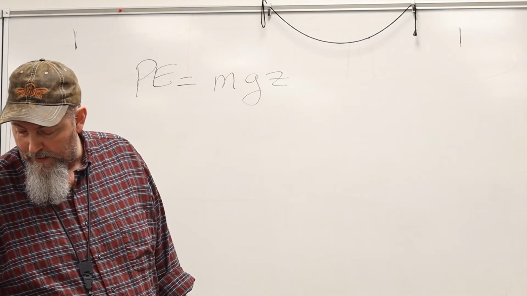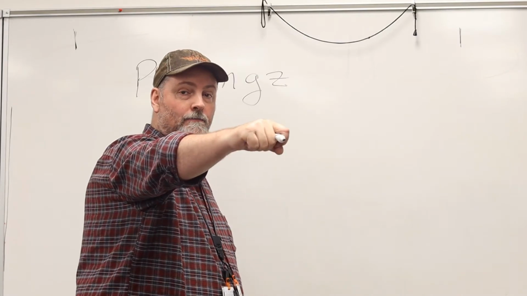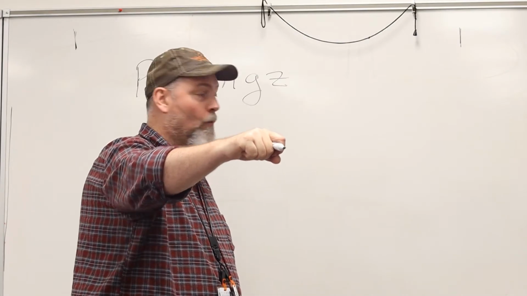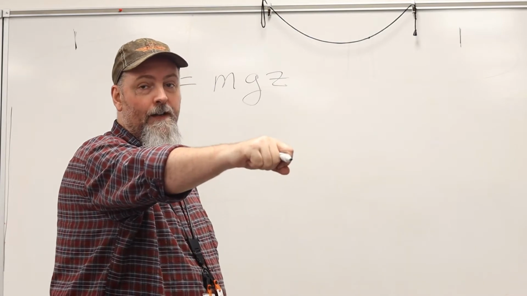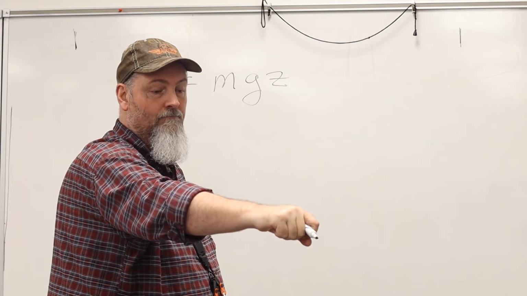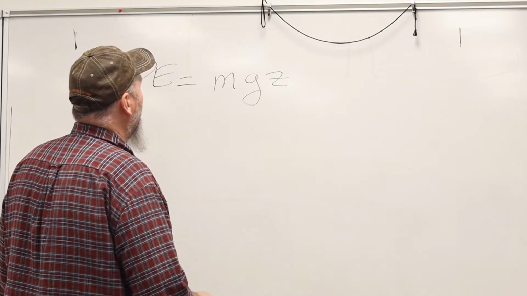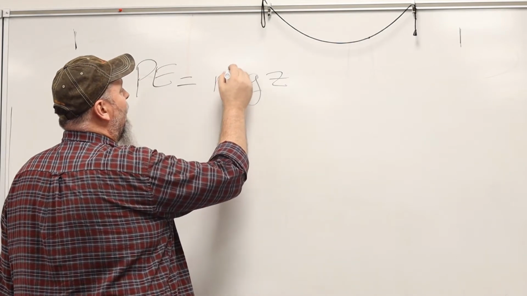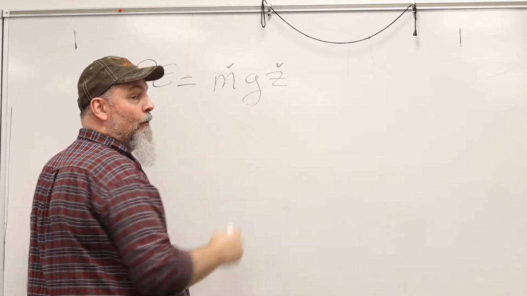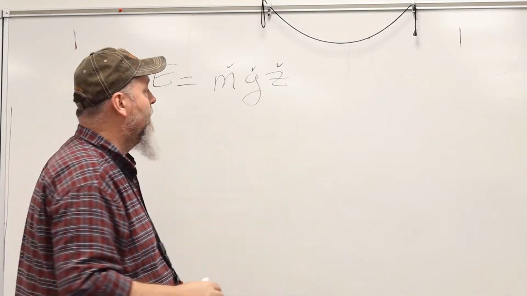I've got one worked out here. So if you've got a 2-pound dumbbell, and we're holding this 2-pound dumbbell at a height of 5 feet, just like that, height of 5 feet. So I know that, and I know that, and of course the gravitational acceleration we know.